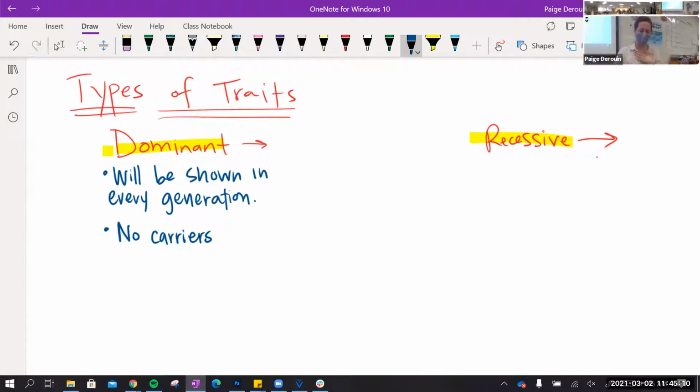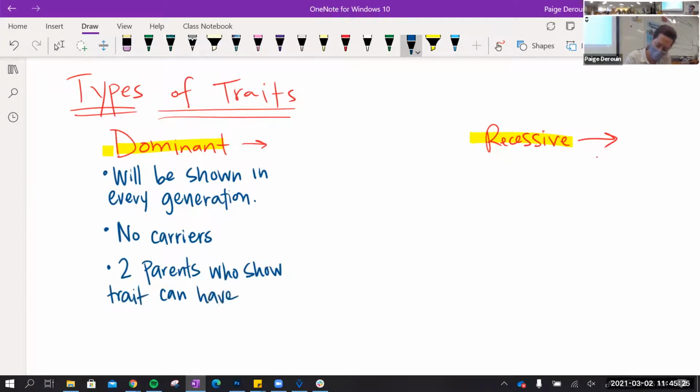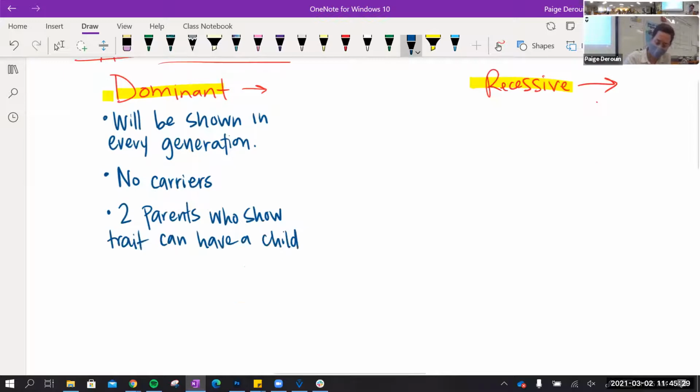Okay. Also, in dominant traits, two parents who show the trait can have a child who does not.